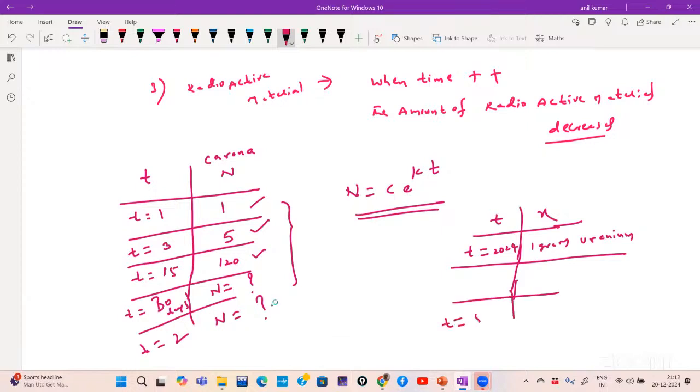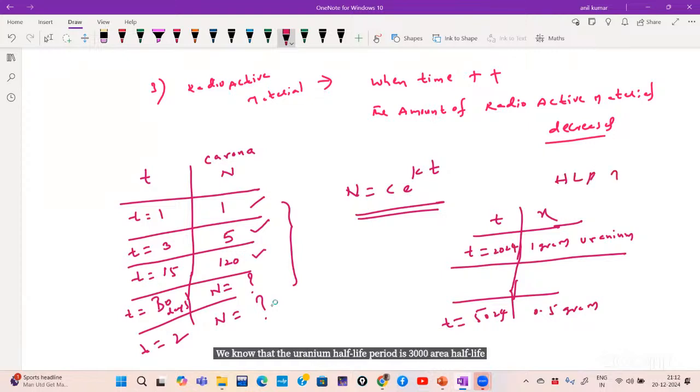After 3000 years, this uranium becomes 0.5 gram. This is called its half-life period, the time taken for the material to become exactly half. We know that the uranium half-life period is 3000 years.